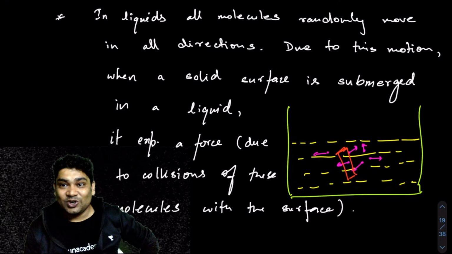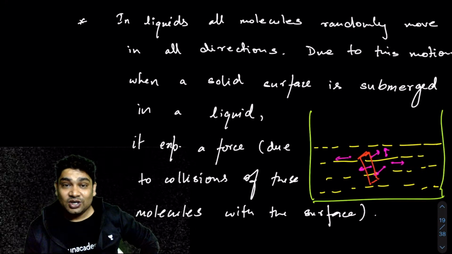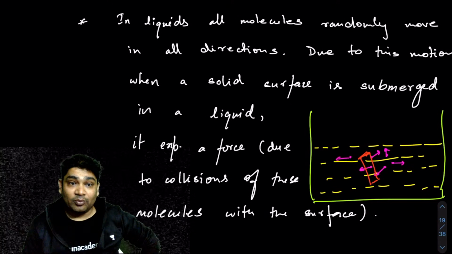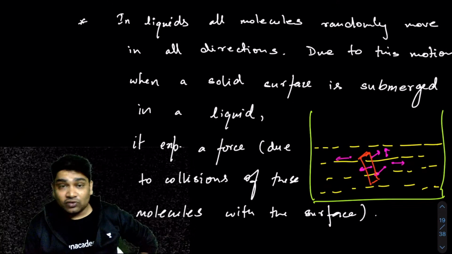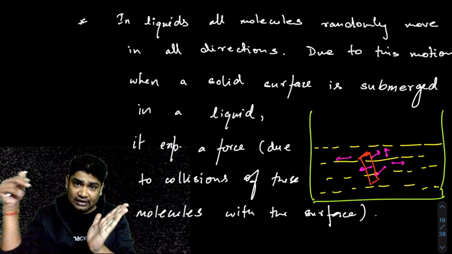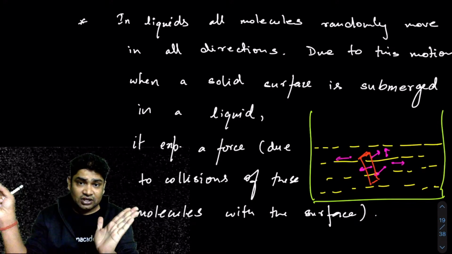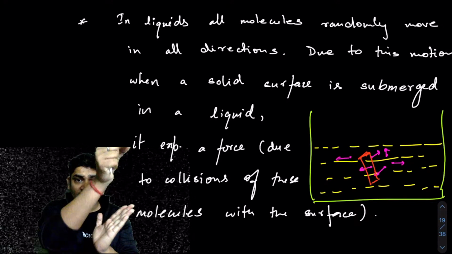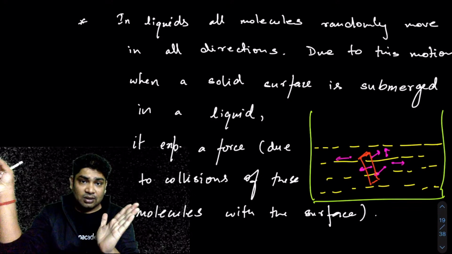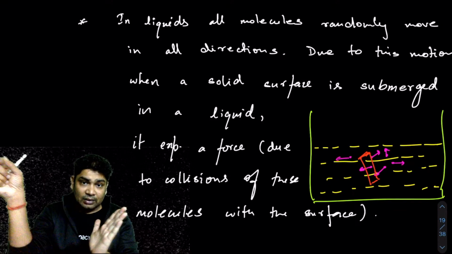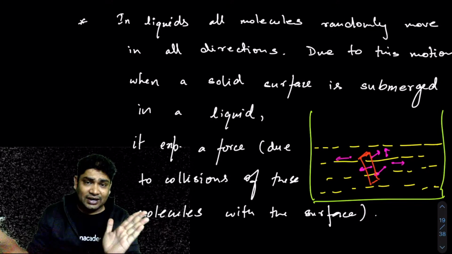So let's go over this point once. I said in liquid, a lot of molecules are randomly moving from here to here. So whenever you insert a solid surface, there will be collisions with the solid surface. Some molecule might be moving here, will collide and bounce off. Some molecule might be coming directly and bouncing off. Some molecule would be coming from there and bouncing off.